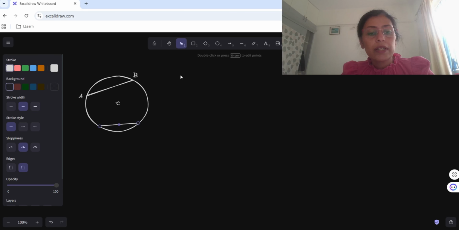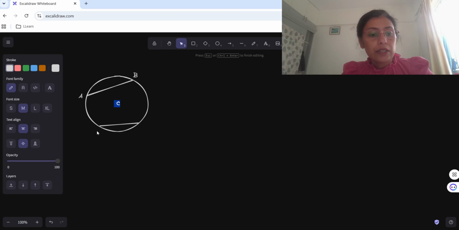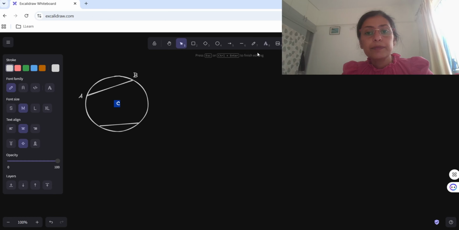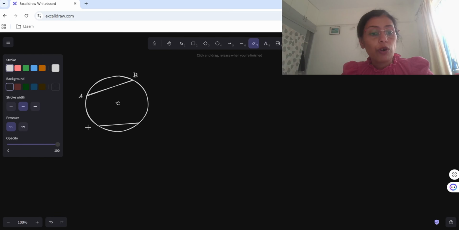This chord is of length smaller than chord AB.